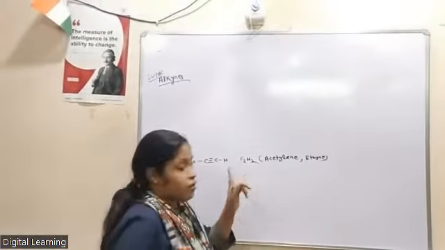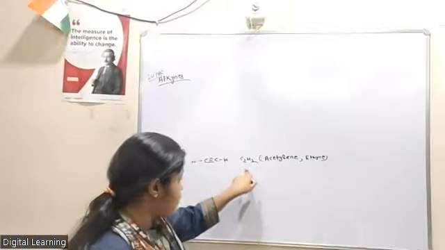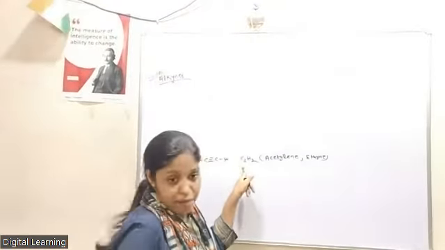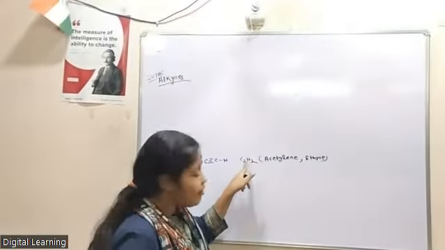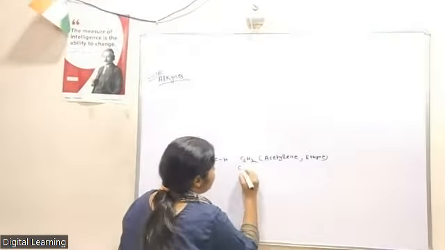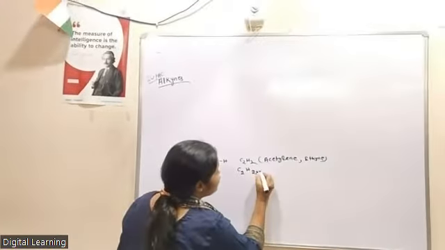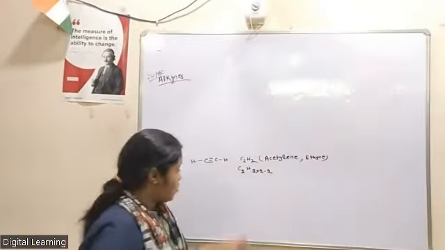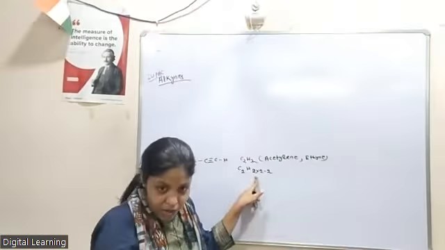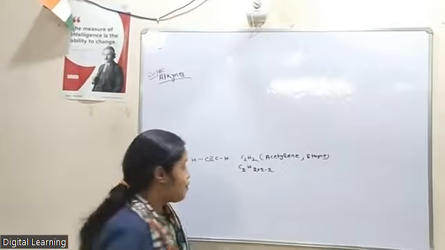In this case, carbon is 2, so we can write C2H, 2 into 2 minus 2. 2 into 2 is 4, minus 2 is 2.